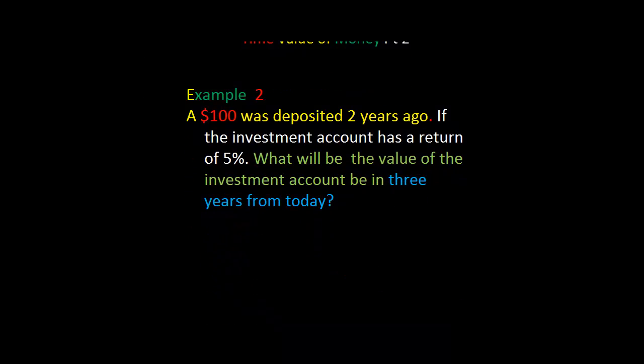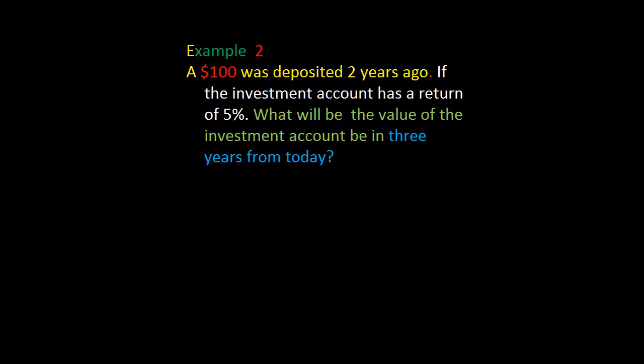All right, let's go to the next question. $100 was deposited 2 years ago. If the investment account has a return of 5%, what will be the value of the investment account 3 years from today?